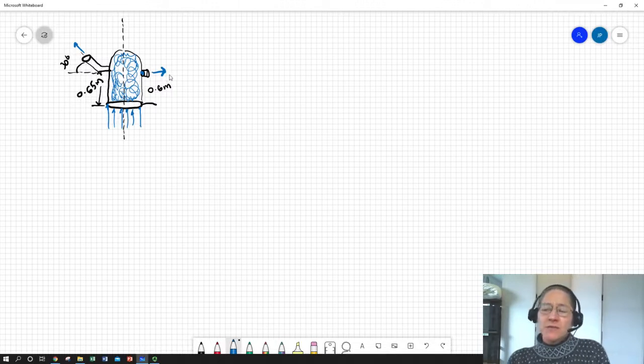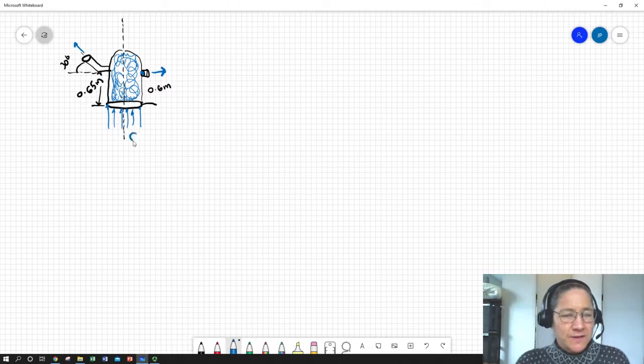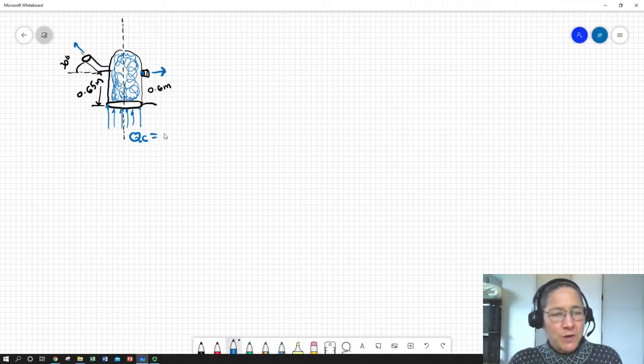If it's not moving, it's got a zero velocity. So if we look at the water coming into the hydrant, and we're given a flow rate there, and I'll write this in blue to remind us that it's flowing water. We've got water flowing into the hydrant from below at 0.75 cubic meters per second.